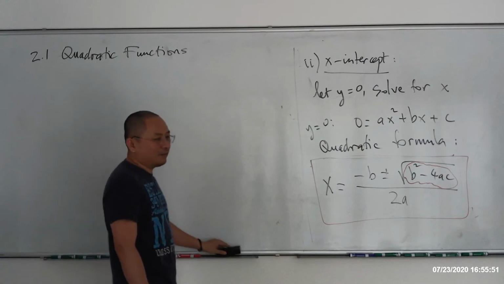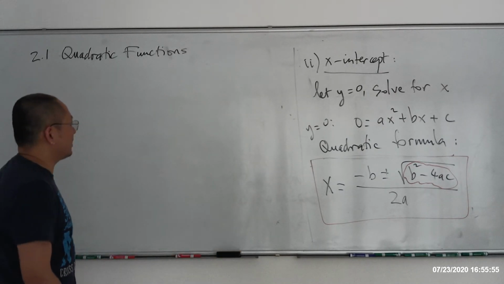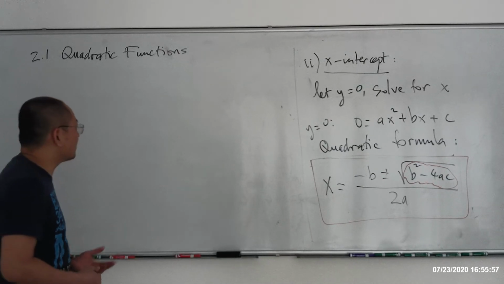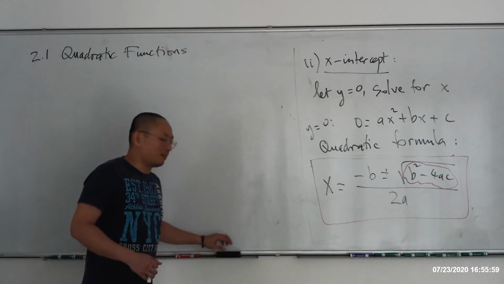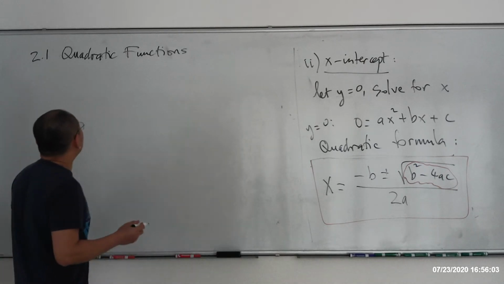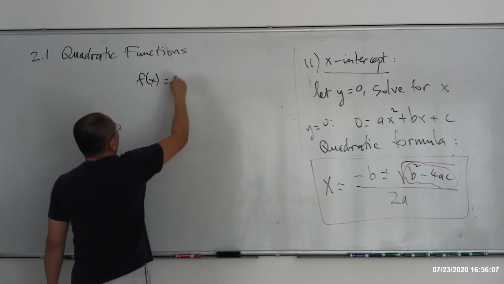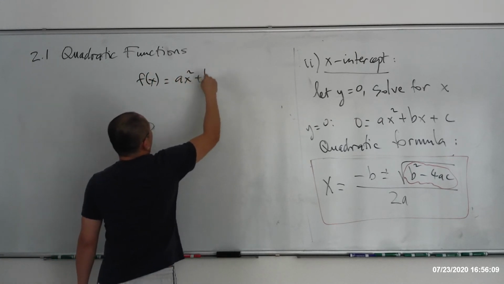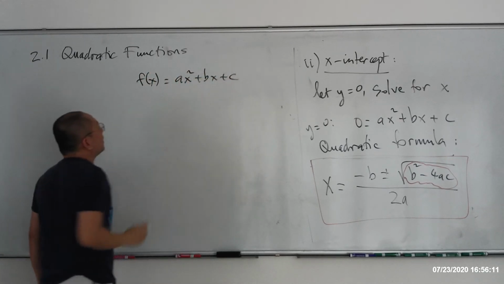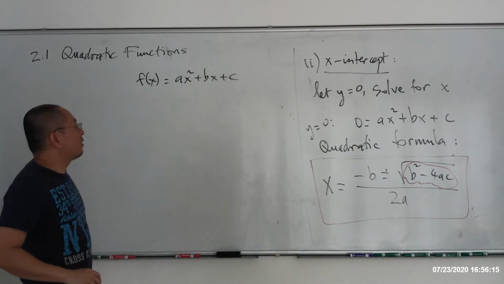Like the linear function, which you can represent in different ways, such as slope-intercept, point-slope, or general equation, the same thing applies to quadratics. So far we learned f of x equals ax squared plus bx plus c, right? We use this form to define the quadratic function, and this is called the general form.